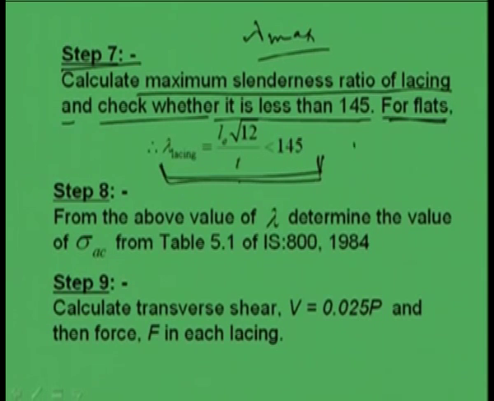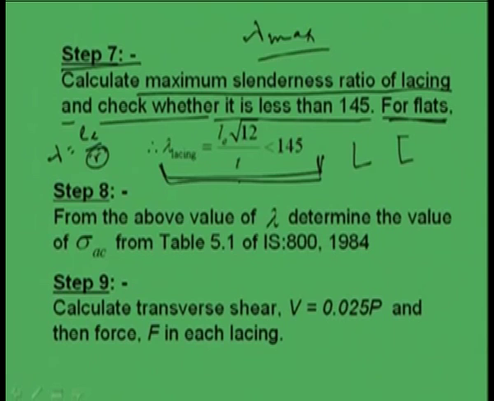If the lacing member is an angle section or channel section, then we can find the slenderness ratio from the equation LE by R, and R is given in the handbook SP 6.